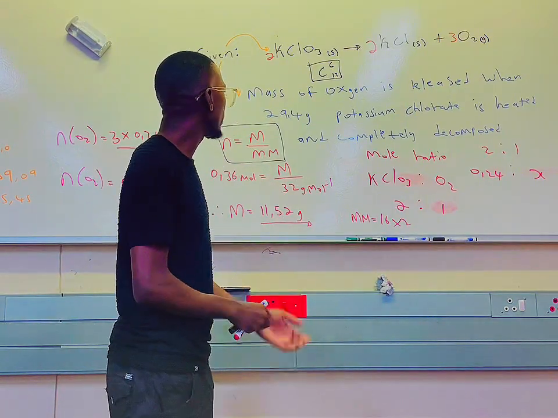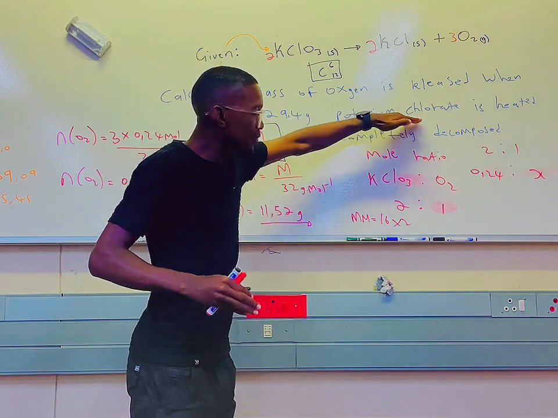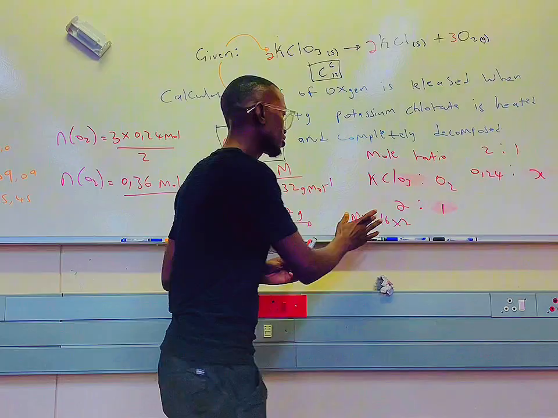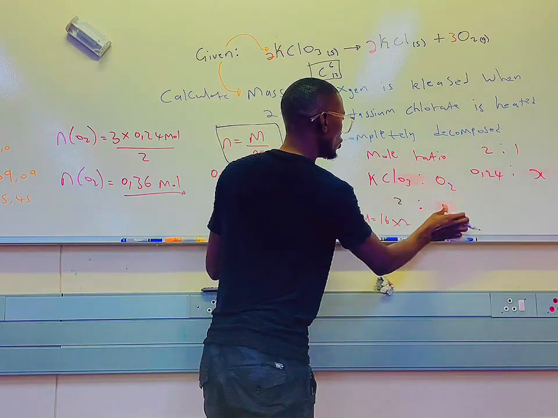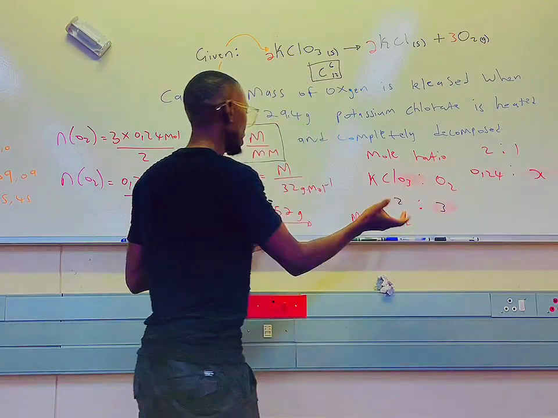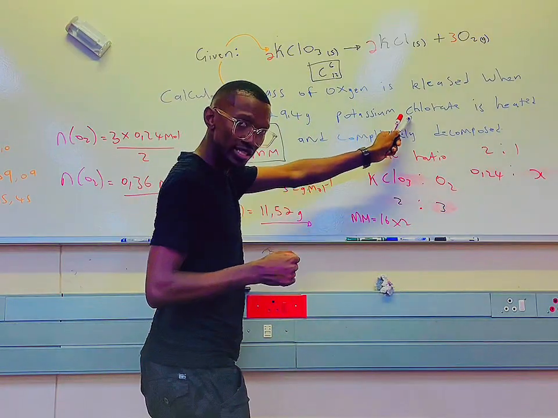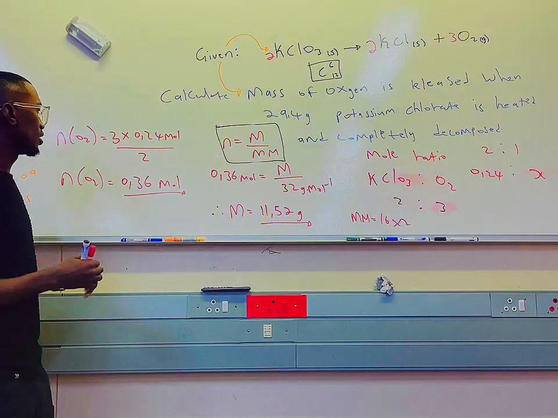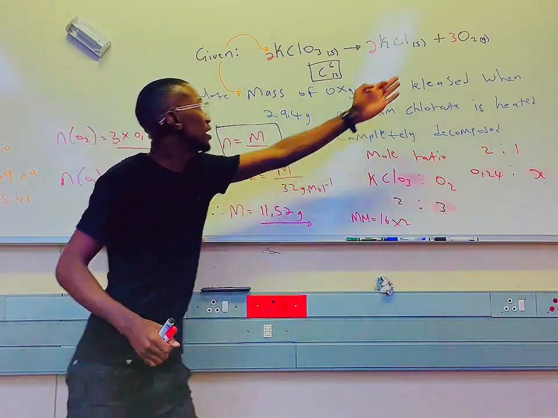Then you find the number of moles of this. From there, you check the mole ratio, because our mole ratio was basically 2:3. Then we had to say 3 times the number of moles that we got of potassium chlorate, divided by this 2, in which we got 0.36 mole. You have the number of moles, we need the mass.